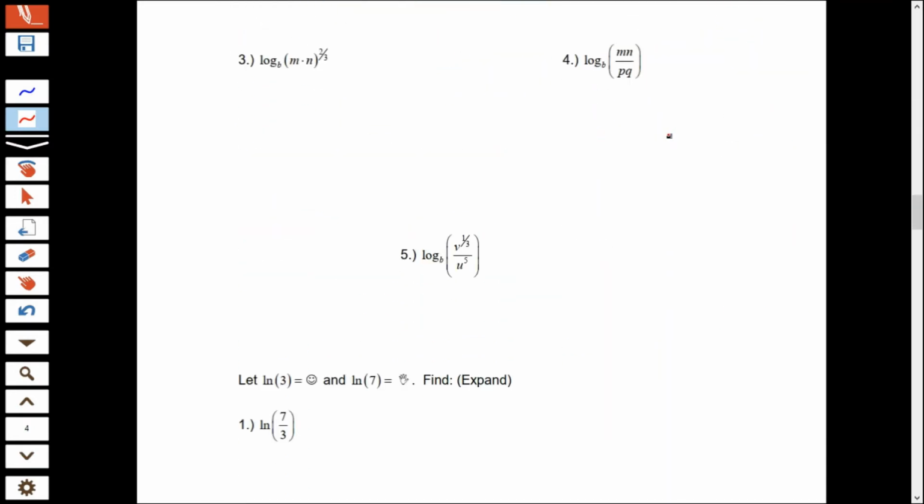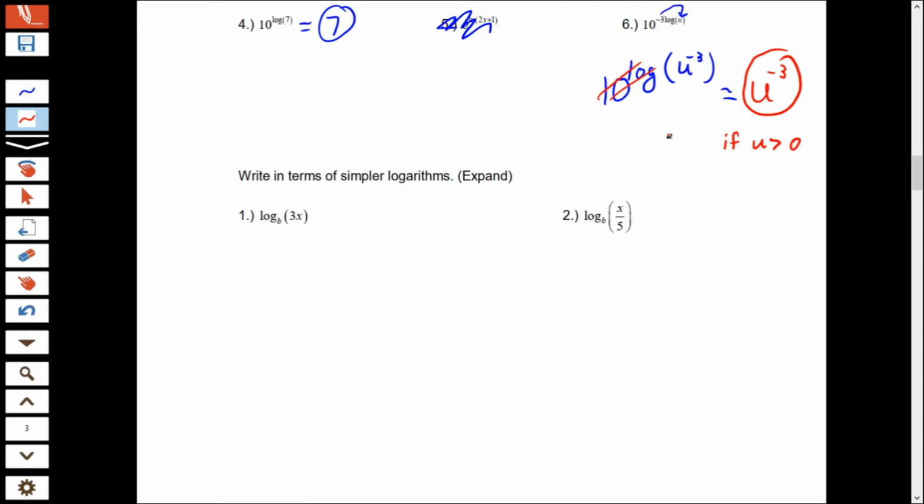Now I want to talk to you guys about expanding logs. So how do we expand? Well, multiplication inside will expand to addition. Division is going to expand to subtraction.